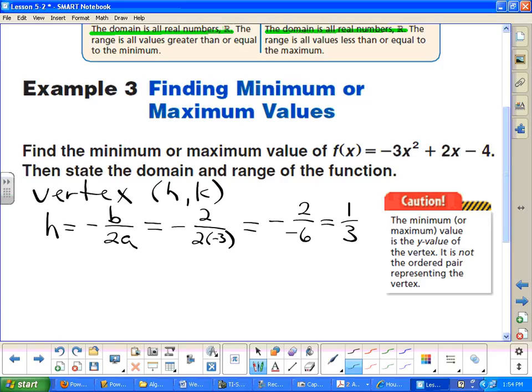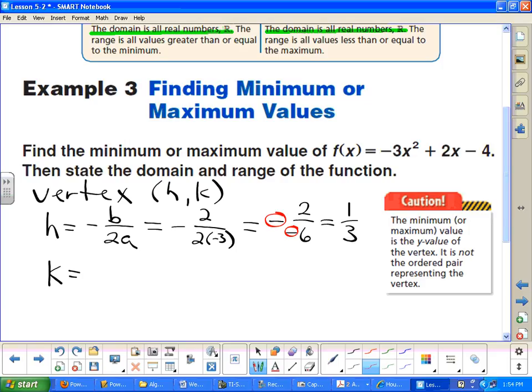I still have both negatives there. No, the negative, we have a negative here and a negative here. So they just cancel out. They're going to cancel each other out. Yep, a negative divided by a negative is a positive.